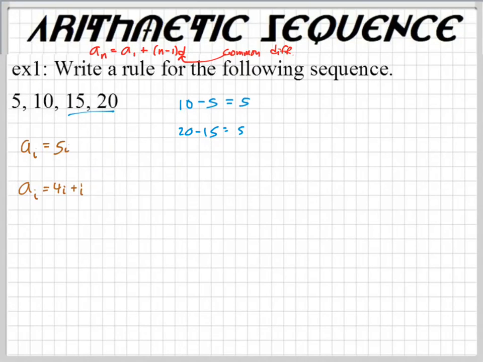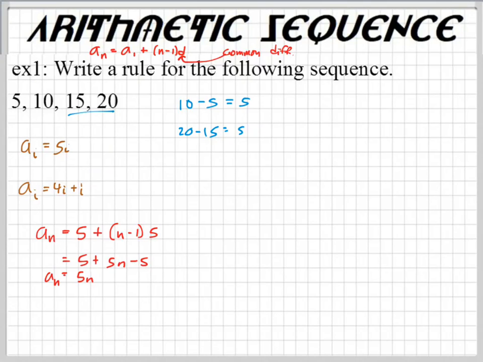5. Okay, so we would go a sub n equals a sub 1. Wait, what is the first term? 5, plus n minus 1 times 5. And then you simplify this, and you get 5 plus, and you distribute that 5, you get 5n minus 5, and that simplifies to 5n. Kind of cool, huh?